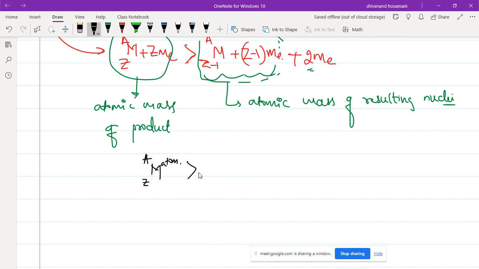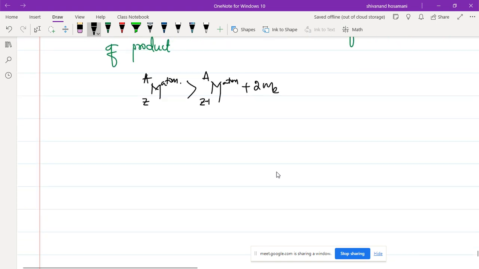It's greater than this mass having z minus 1 atomic number with mass number A. This is the atom, plus 2 times me. Then check, if I rewrite this one like this, the mass of the first element minus the mass of the resulting element is greater than 2 times the mass of the positron.